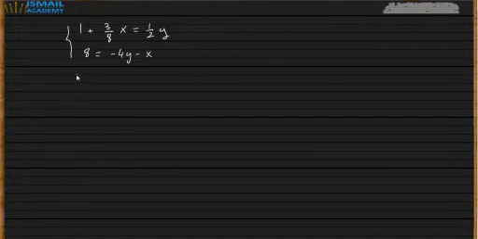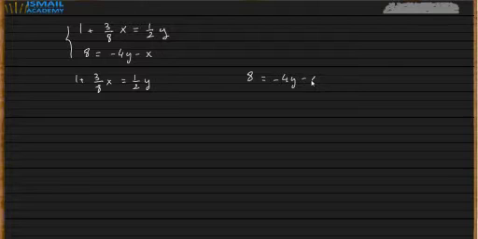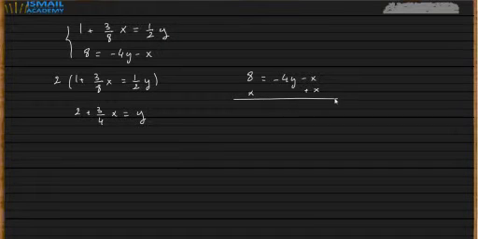For the first equation, I multiply both sides by 2, and we get 2 plus 3/4 x equals y. For the second equation, I add x to both sides, so I get x plus 8 equals minus 4y. Then I divide by minus 4 on both sides.